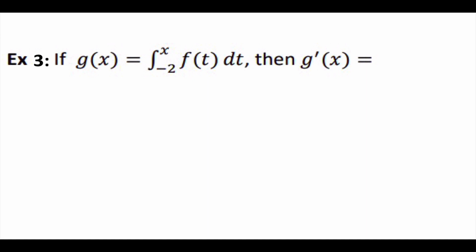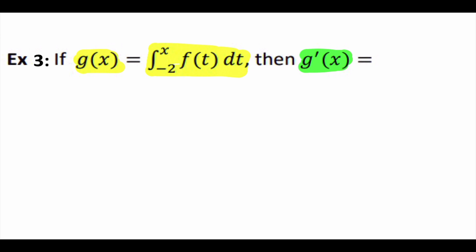All right, so if G equals this, I'm going to color code this so it may be a little easier to see. G is the same thing as this. Then what is G prime? It's asking the same question as number 2, right?